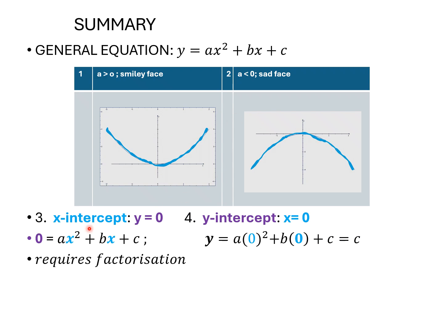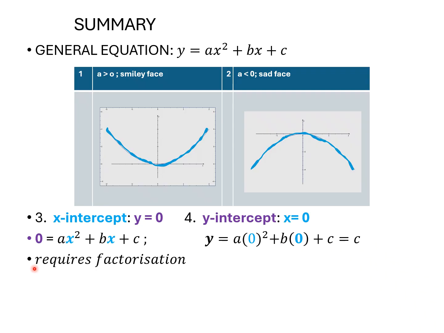So number 3, x-intercept, as I said in the previous lesson, will always be y equal to 0. Y-intercept will always be x equal to 0. So 0 equal ax squared plus bx plus c for the x-intercept. For the y-intercept, y equal a times 0 squared plus b times 0 plus c, wherever we see x, we place 0.